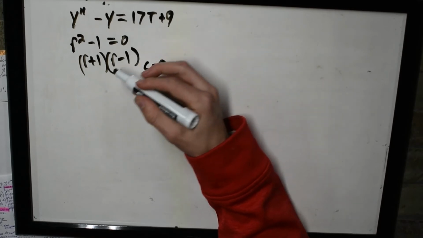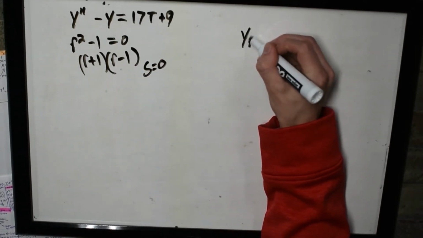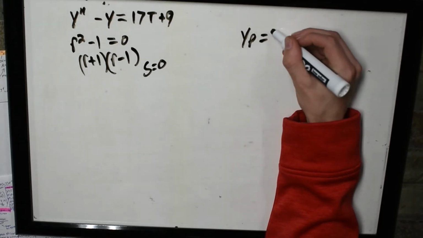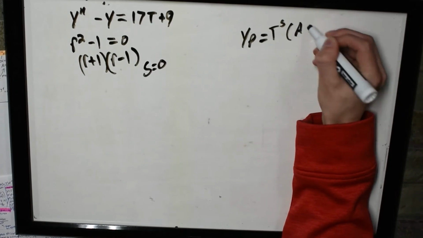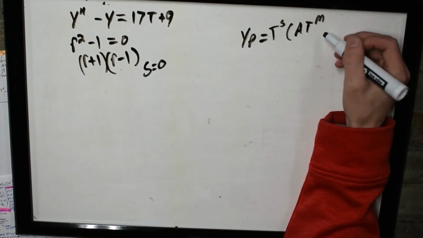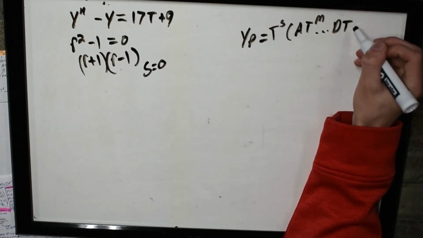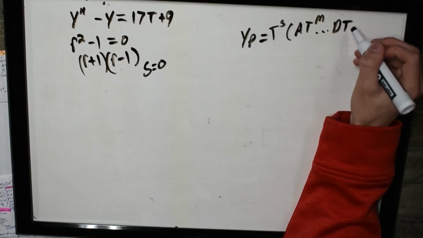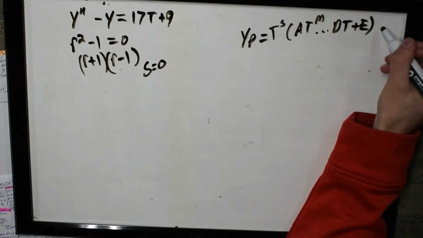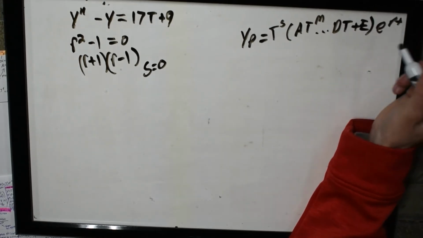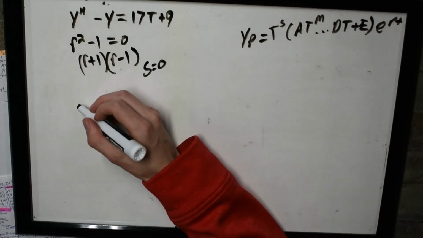And since s is equal to 0 and there are no complex numbers, we're going to use this formula for the particular solution: t to the s, a t to the m, dot dot dot, d t, plus e, times e to the rt. Like I said, r is equal to 0, s is equal to 0.